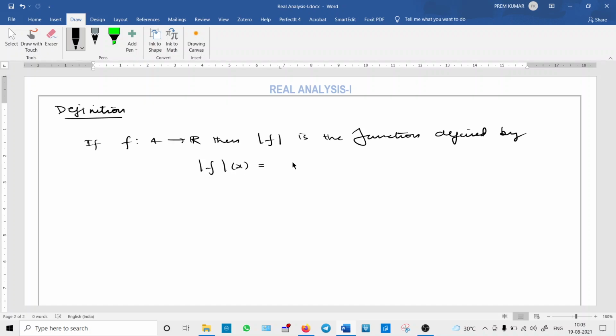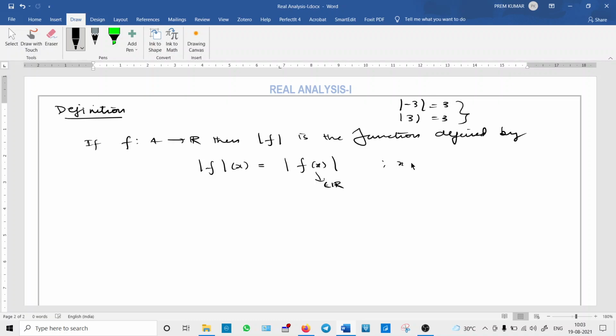It is nothing but the absolute value of f of x. Because this value falls in real numbers, we know how to find the absolute value of a real number. Suppose what is the absolute value of -3? It is 3. We know the definition of absolute value of a real number. So this is a definition.